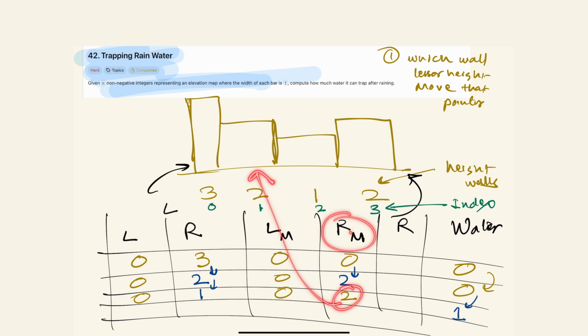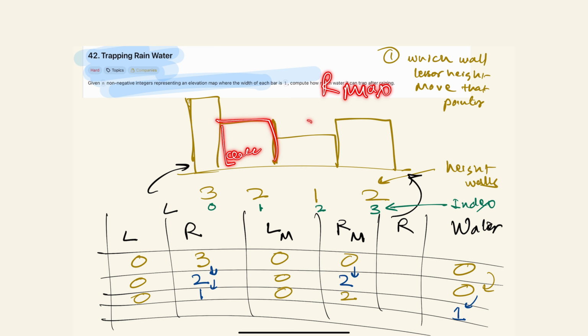If it is lesser, then I can hold the water. Since both r and r max have a wall length of 2, that means I can't hold any water on top of this one. That's why the amount will be 0. So it remains 1.